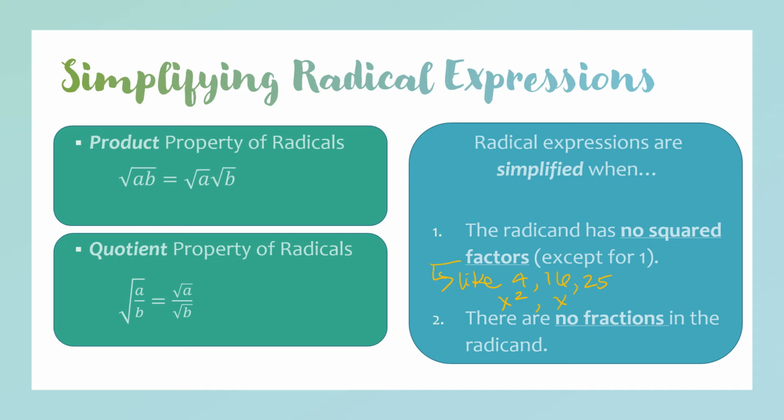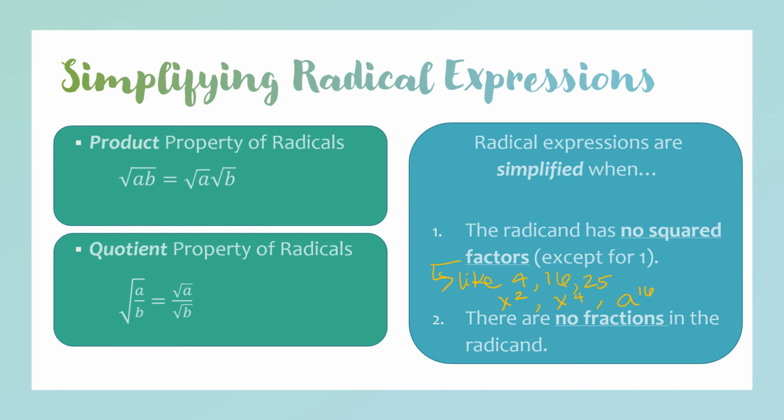So is x to the 4th, or a to the 16th. These are all squared factors. So the radicand has no square factors, and there are no fractions in the radicand.